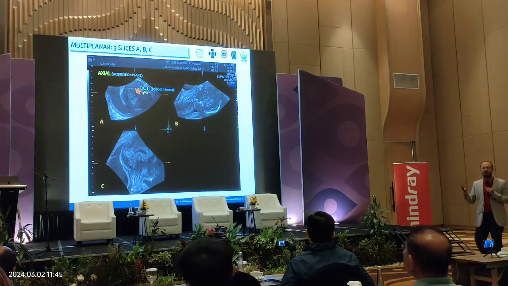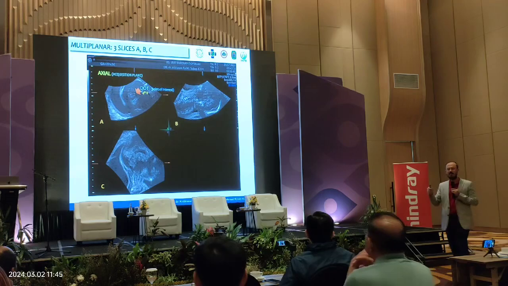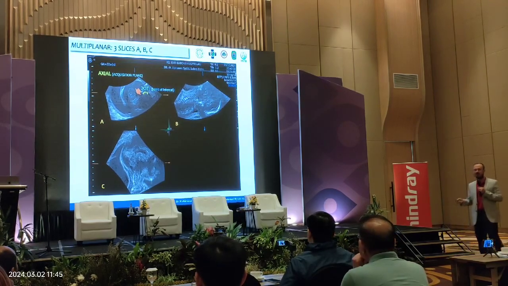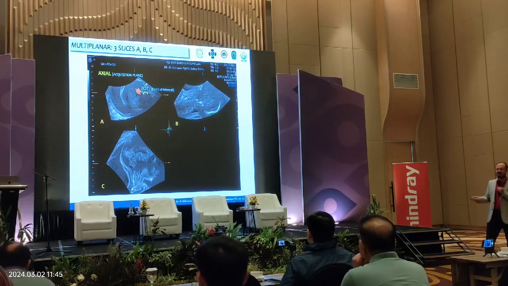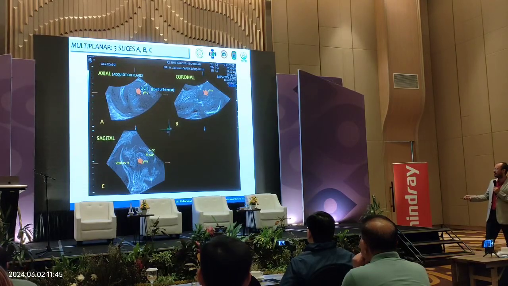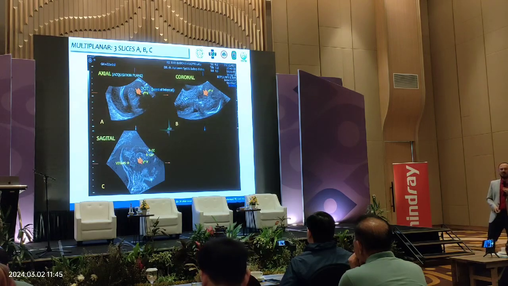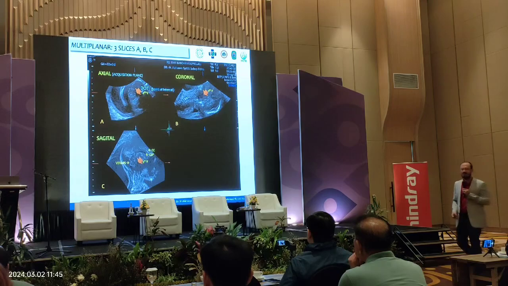If we make a multiplanar with the point of interest in the fourth ventricle, we can see the corpus callosum, the cavum septum pellucidum, and for the most part the vermis cerebellum. Very clear, and we can make the diagnosis with this.